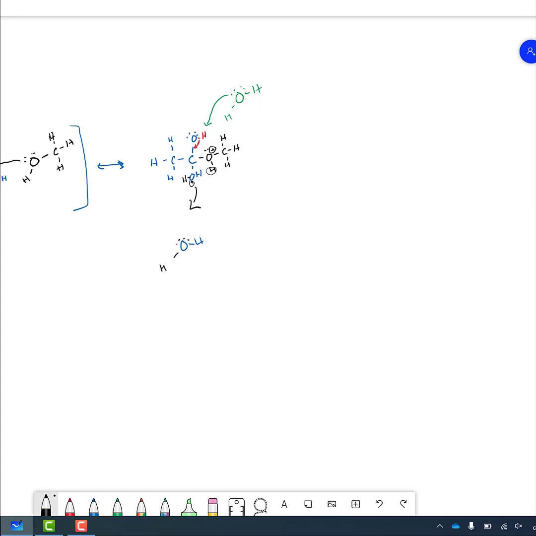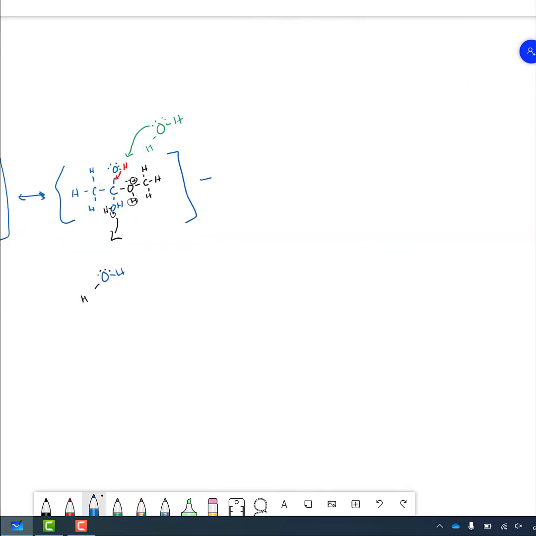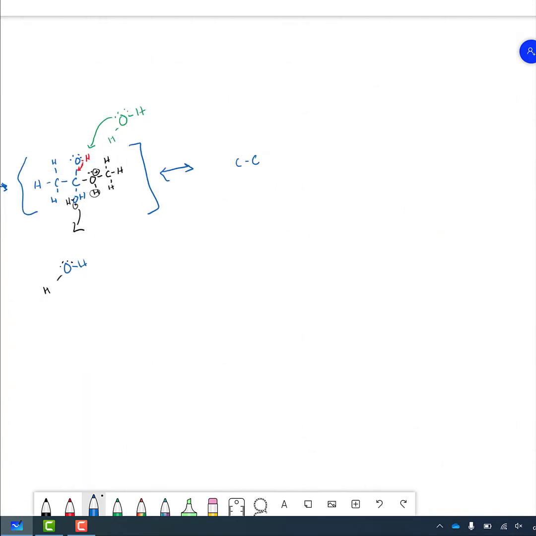So it's just a hydrogen rearrangement. So make a good leaving group, so that this unit has left to become a water.